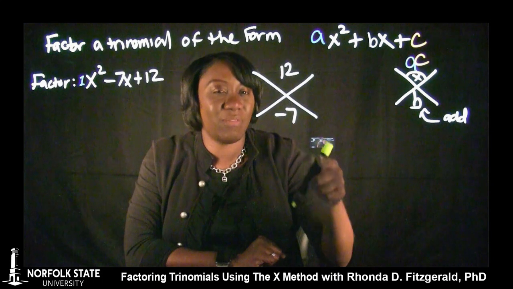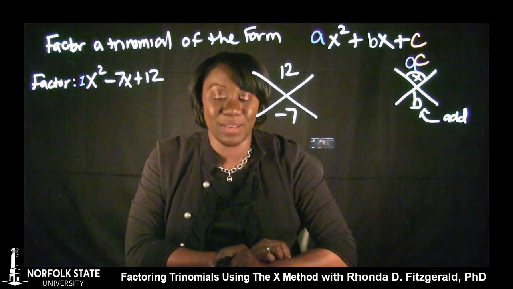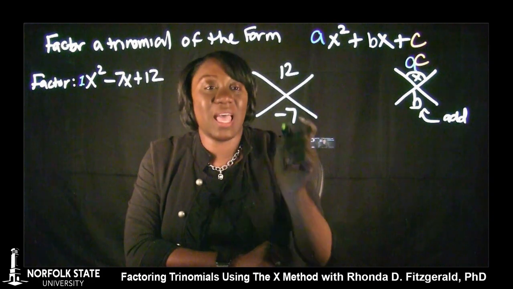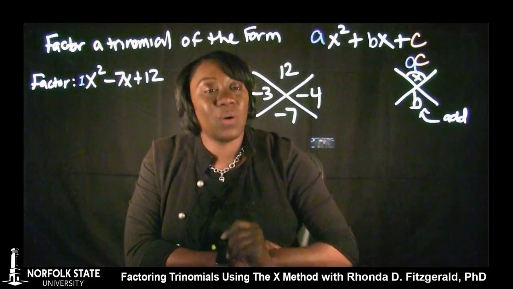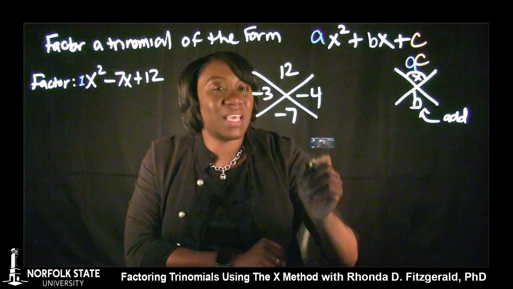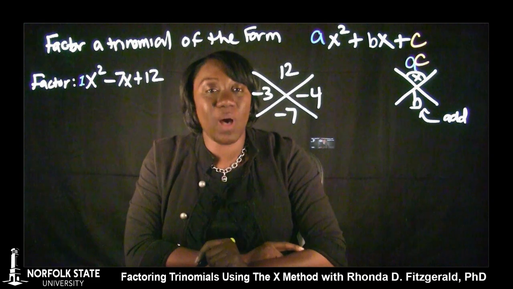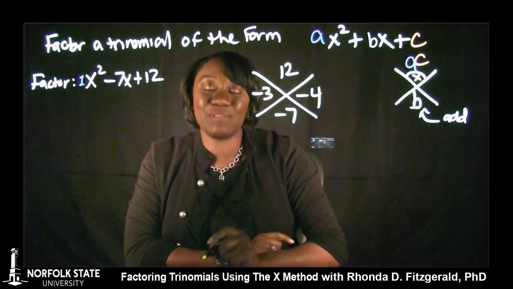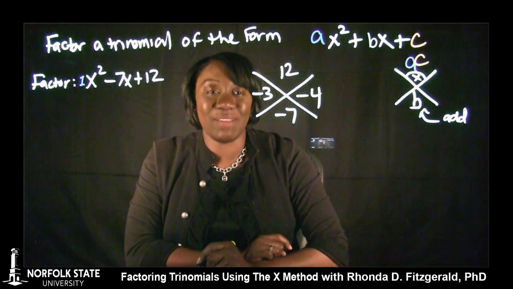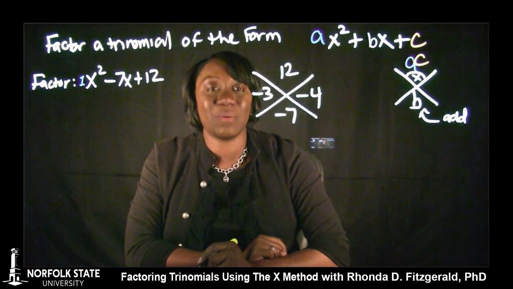Here we can see that our numbers will be a negative 3 and a negative 4. Because negative 3 times a negative 4 gives me 12, but negative 3 plus negative 4 gives me a negative 7. So that's the correct set of factors that we want.